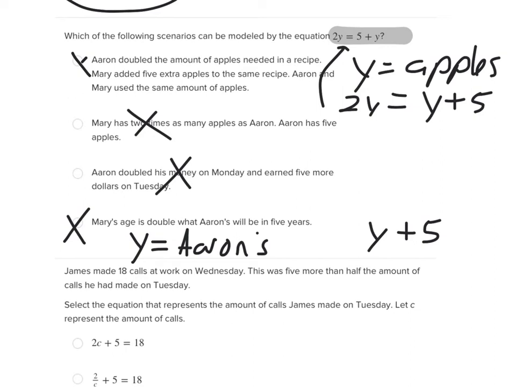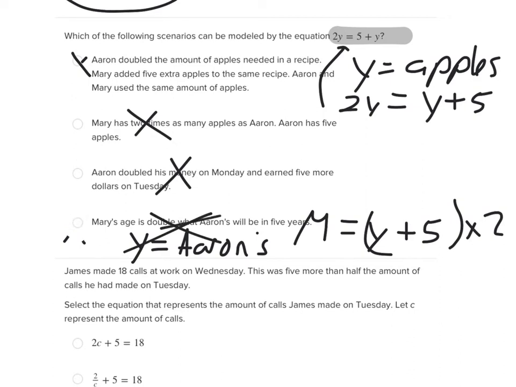Mary's age is double what that would be. No, so Mary's age would equal this times 2. So no, this does not make sense. This is not a good answer. It's the first one. You can see it right here. Okay.